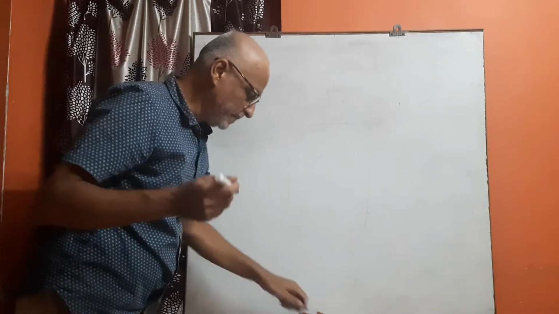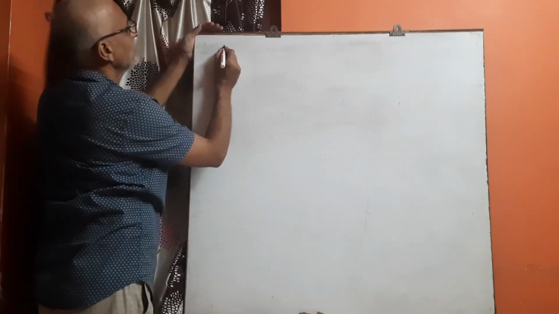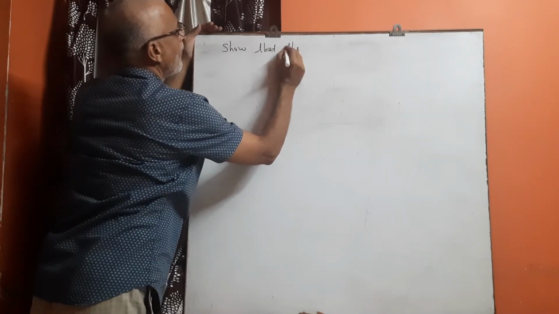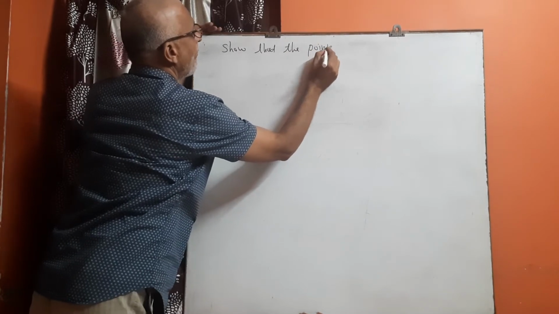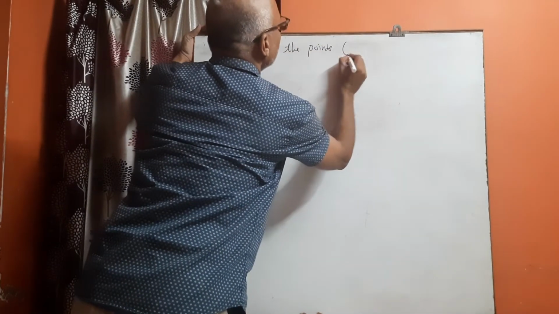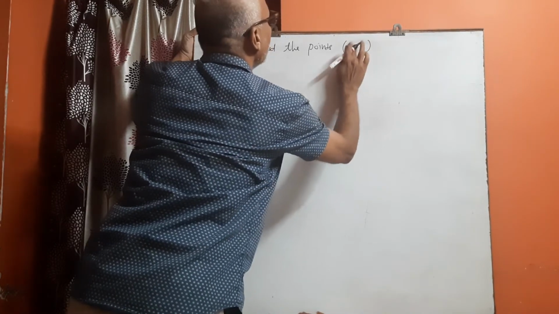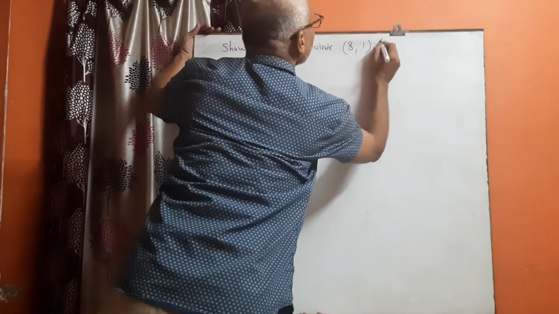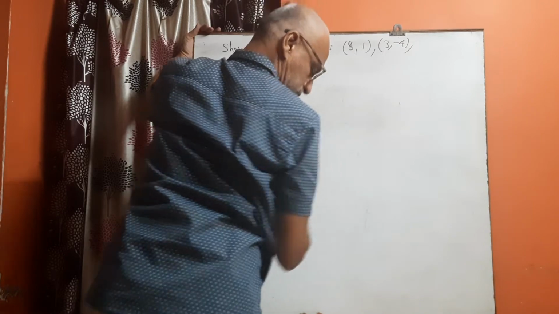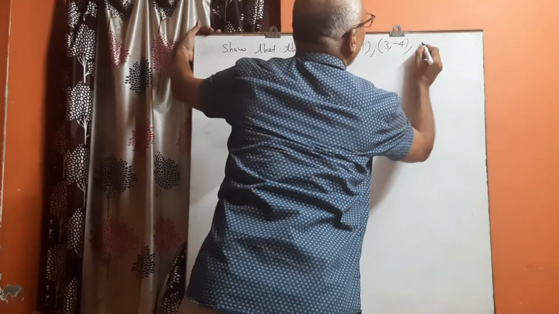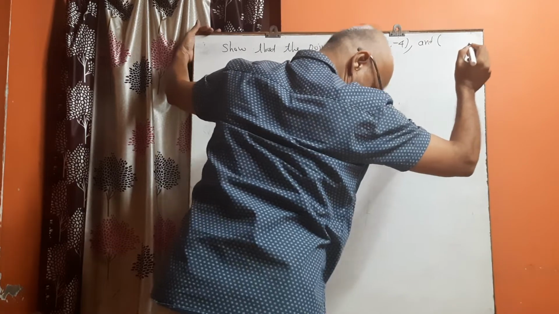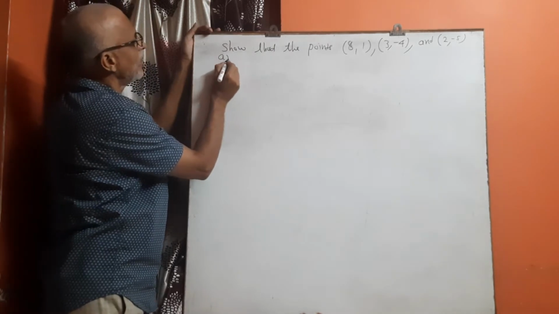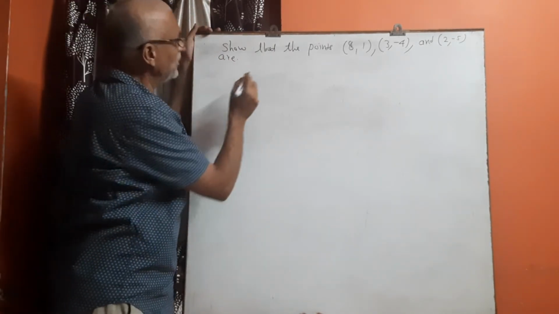The problem is: show that the points (8, 1), (3, -4) and (2, -5) are collinear points.